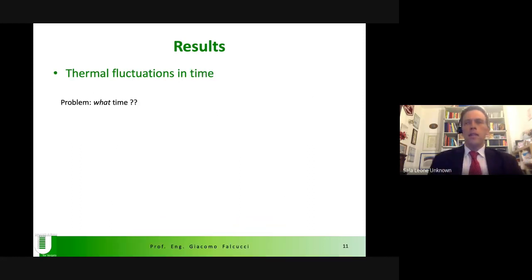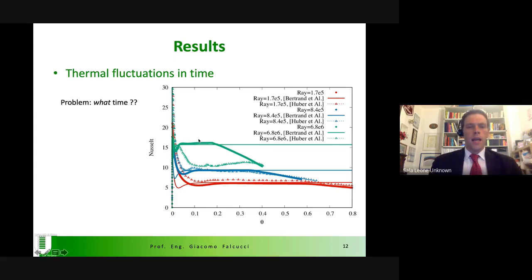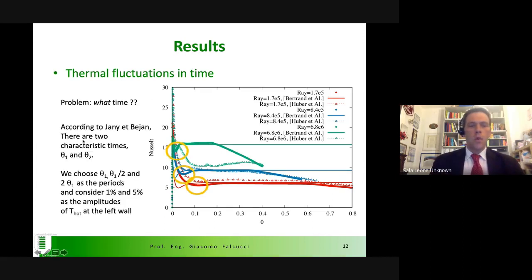So we decided to turn our attention to thermal fluctuations in time, but the problem is what time? We cannot choose any time without any physical basis, and so we went back to the static Nusselt numbers at different Rayleigh numbers. We know from the literature that there are two characteristic times that govern the evolution of the Nusselt number, θ1 and θ2. θ1 is the time interval corresponding to the minimum.